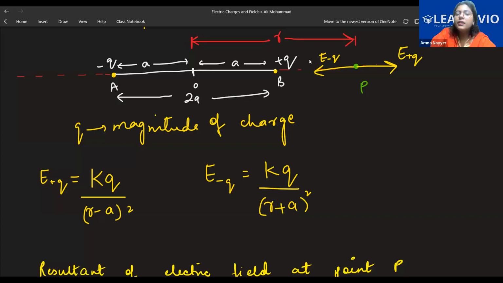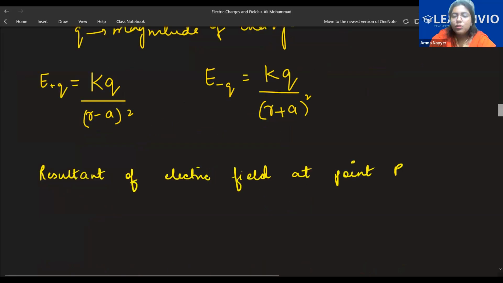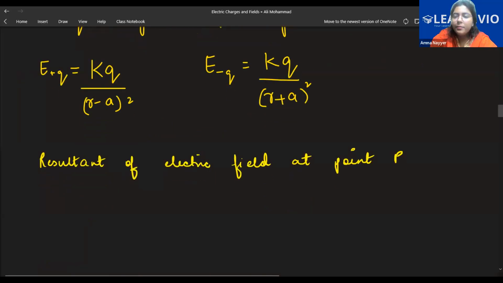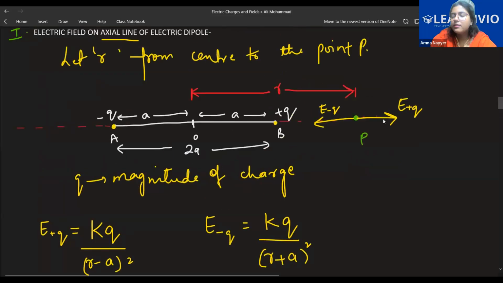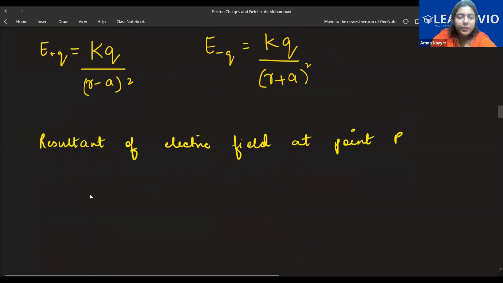Now we will calculate the resultant here. For the resultant, we require the magnitudes, which we have already calculated. Now we will calculate the resultant electric field at this point P. When you're calculating the resultant at P, you can see both of them are in exactly opposite directions. So for the net electric field, we'll subtract, right?